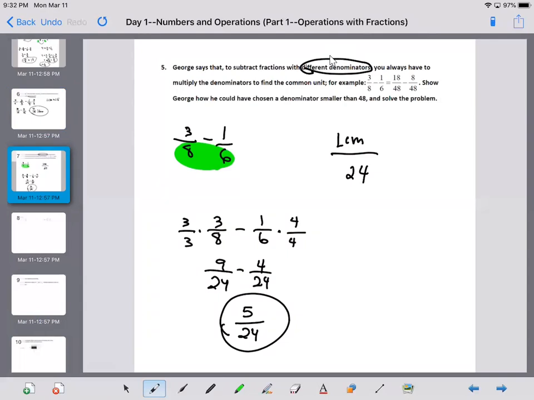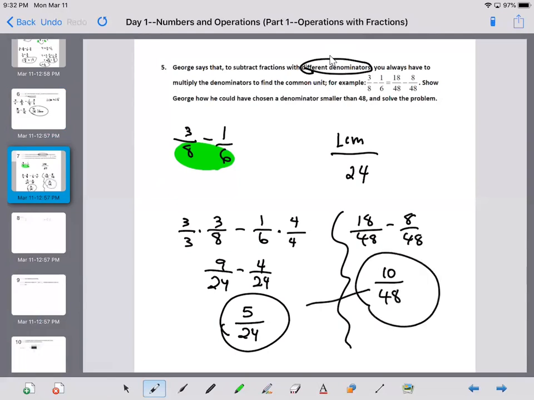Now, if we look at what George was talking about, 18/48 take away 8/48 would actually give you 10/48, which is equivalent.